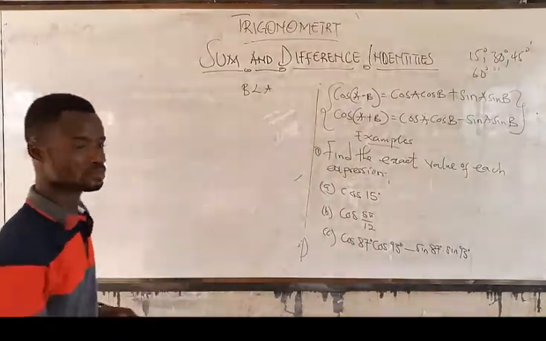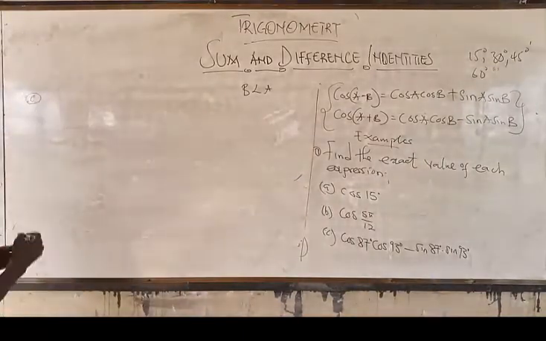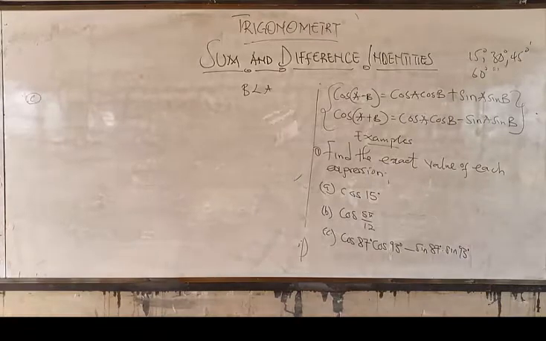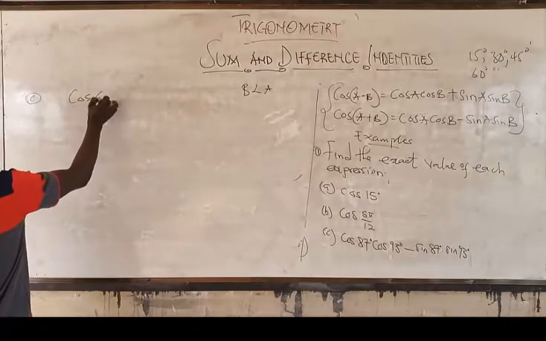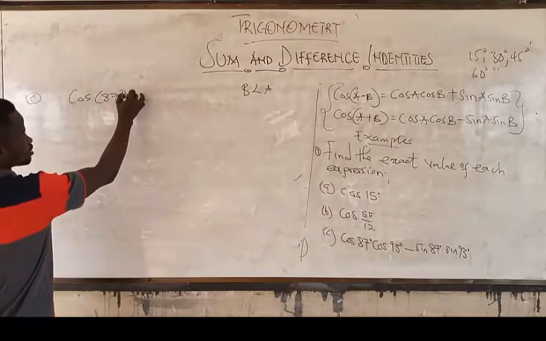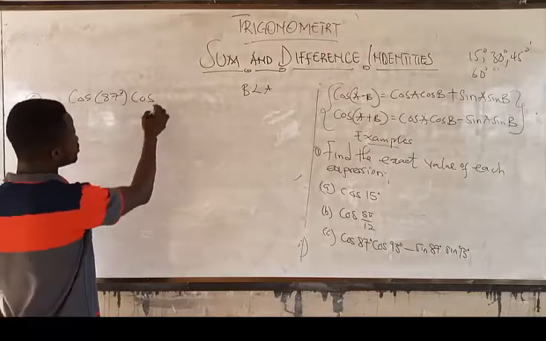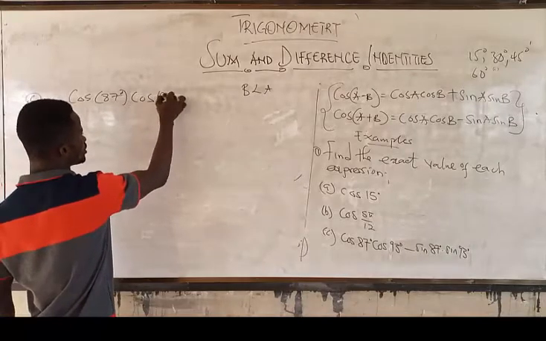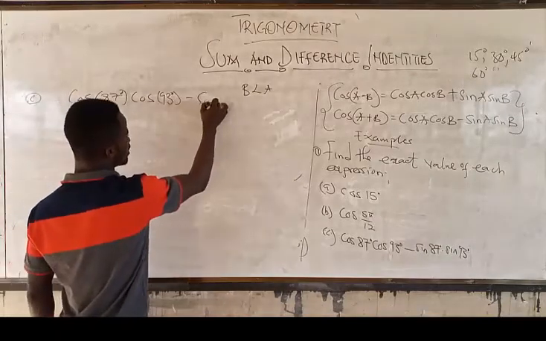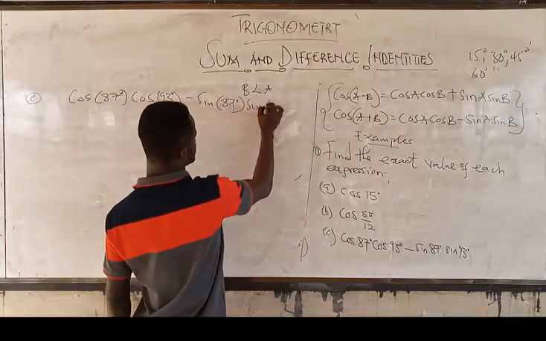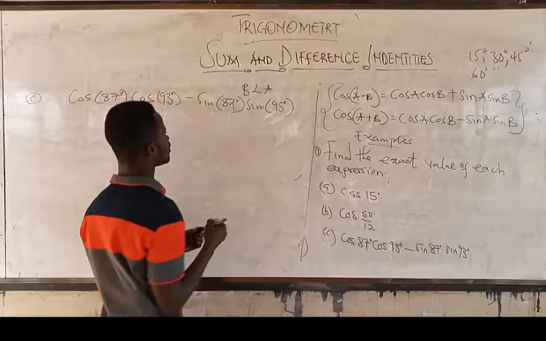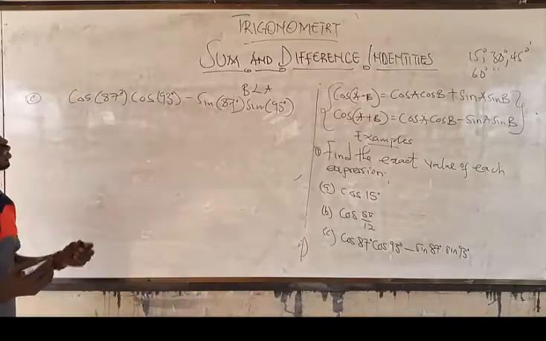Now C. Okay, so look at this. Cos 87 degrees cos 93 degrees minus sine 87 degrees sine 93 degrees. So you just need to go for the arguments, okay?